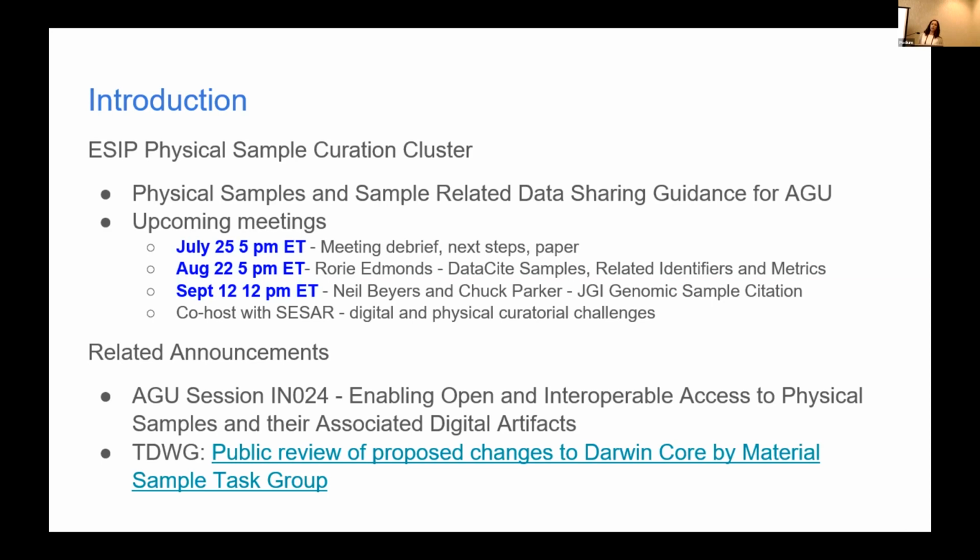We agreed as a cluster that this was something that was missing. We need some general guidance for scientists and researchers dealing with physical samples that's applicable across fields to make samples more FAIR. So the cluster has been working on the general guidance for authors, and we'll be elaborating on this guidance in an associated paper that we'll discuss in a moment, and that we'll invite you all to contribute to.